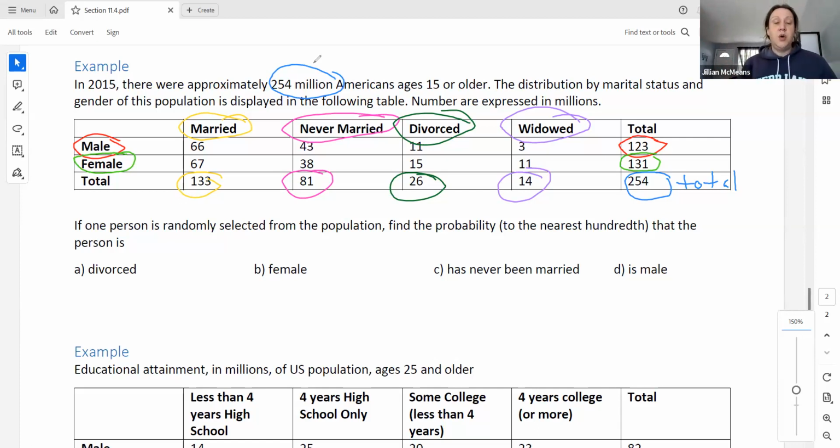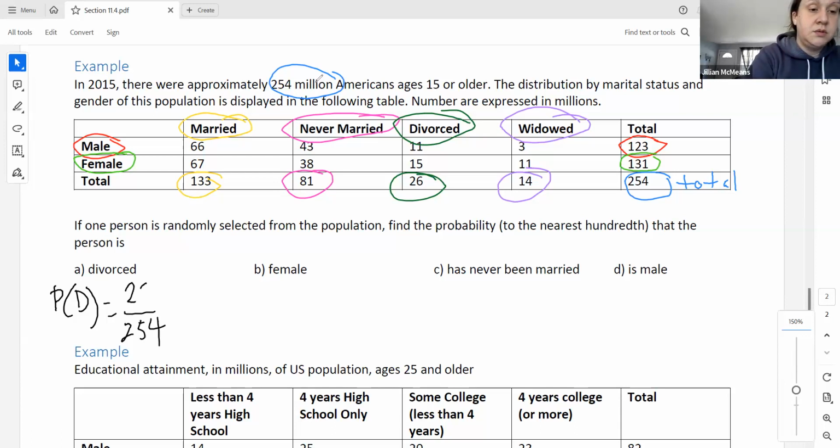Okay. So if we're looking at the probability that somebody is divorced, let's go to just black ink here. We want to look at the total number of people divorced out of the total number of people in this table. So the denominator is going to be 254. But what do you think the numerator would be? It would be the total number of divorced people.